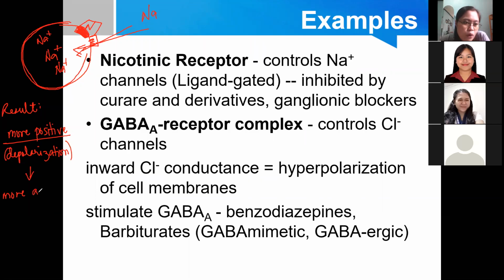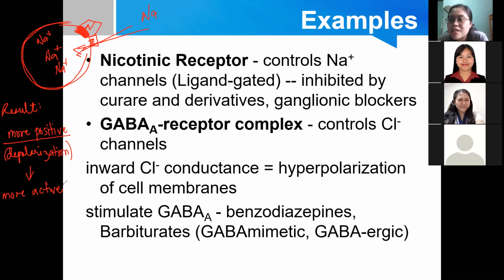That is why if a person smokes and then naay nicotine, unsay mahitabo sa iya? His or her cells will become more active, and to be exact, the cells na mahimong active is the neurons or the CNS.